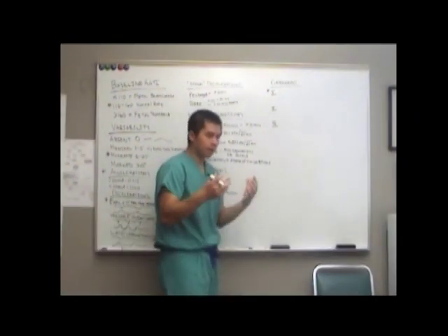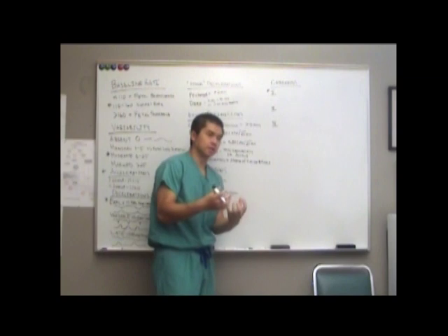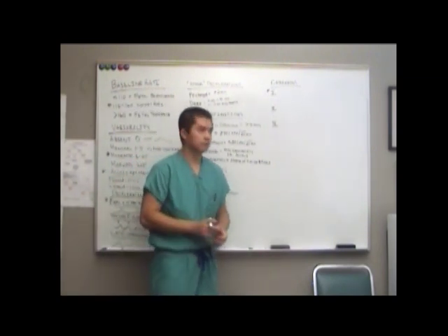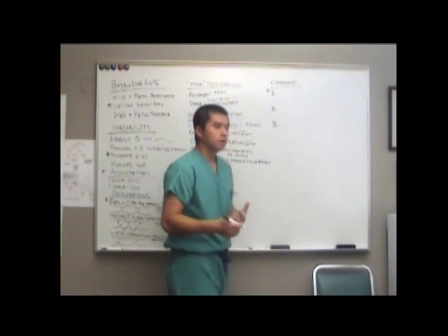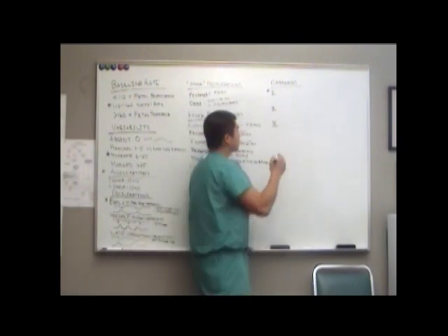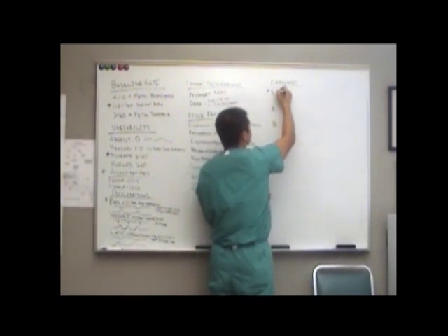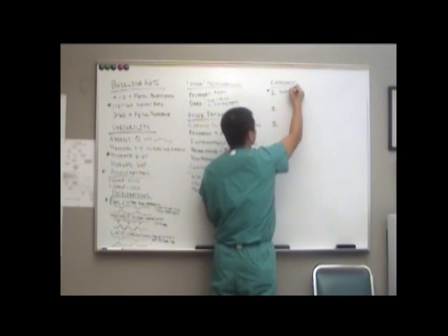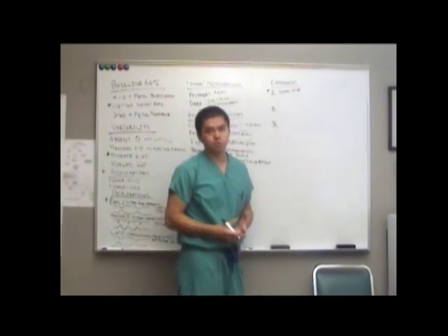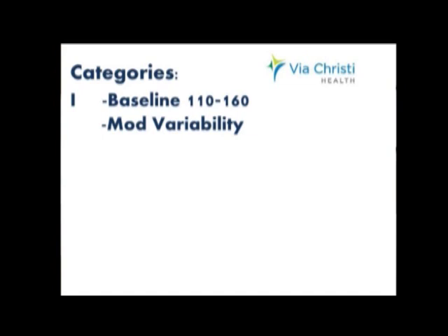So think about everything good that you want in a fetal heart tracing. That's what category 1 is. So going through baseline rate, if it was good, what would you want? Yeah, baseline rate of 110 to 160, so a normal one. What type of variability would you want in a category 1 tracing? You want something good. Yeah, you want moderate variability.